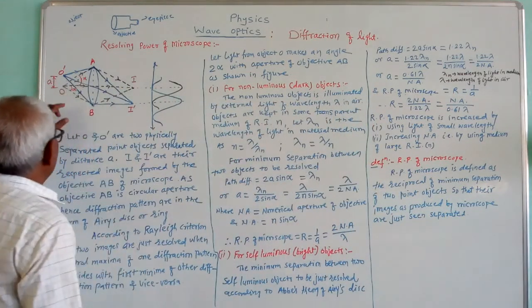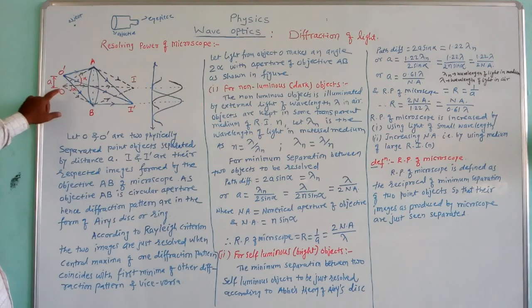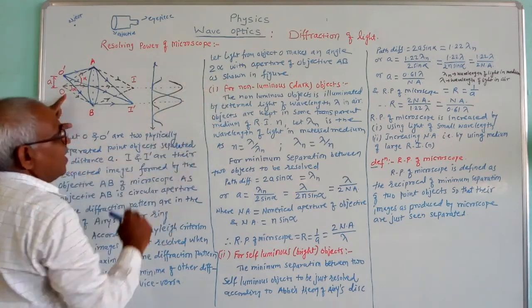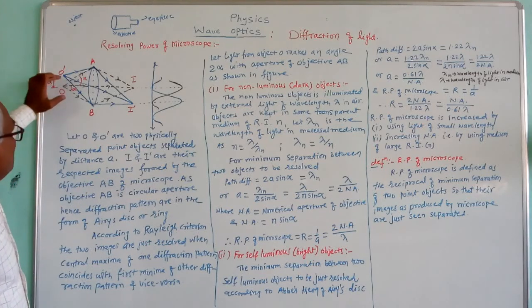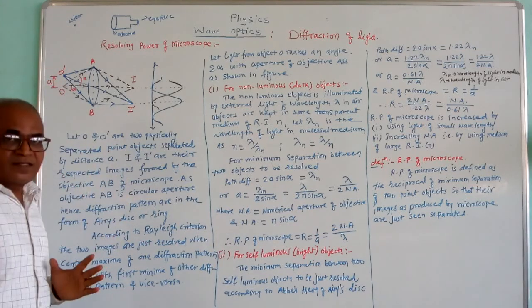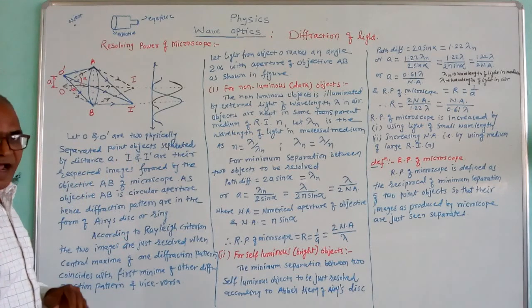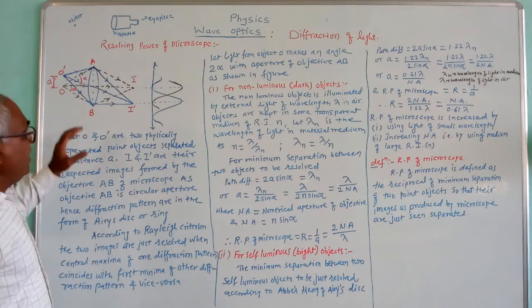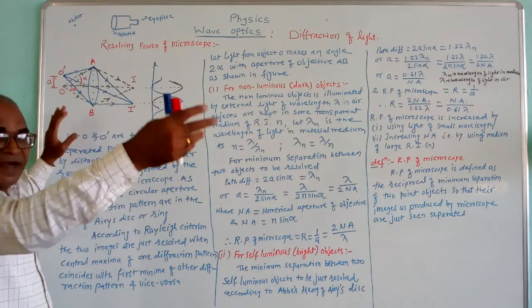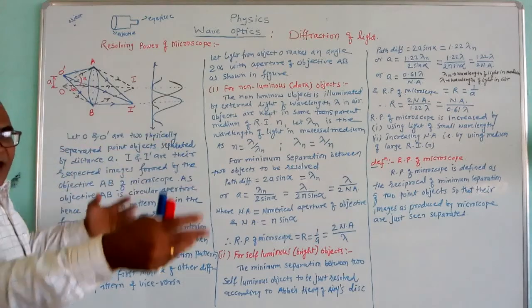Let the angle made by this point object O with the objective be 2 alpha, alpha plus alpha is 2 alpha, as shown in this figure. Now if these two objects are non-luminous, that means dark objects, so as to view them through the microscope, these non-luminous objects are illuminated by some light.